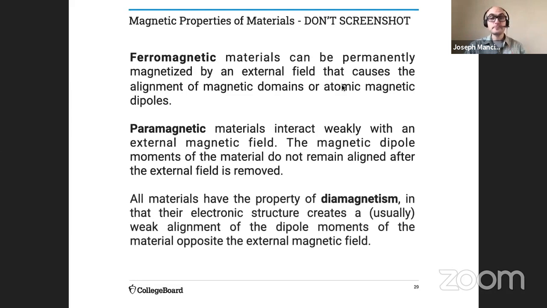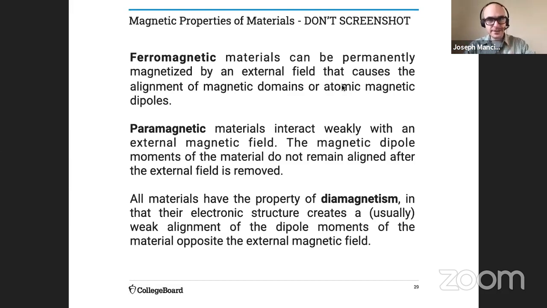It says don't screenshot. Ferromagnetic materials can become permanently magnetized by an external field. Heat up an iron nail and put it near a strong magnet and cool it off, and you've got a permanent magnet. Paramagnetic materials can be temporarily magnetized in the presence of another magnetic field. All materials, water, copper, things you wouldn't think of as magnetic, have a property called diamagnetism.